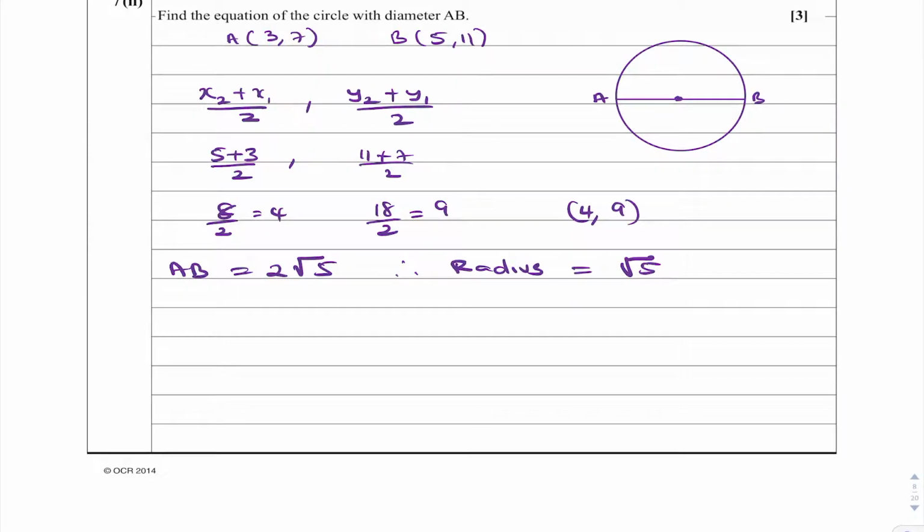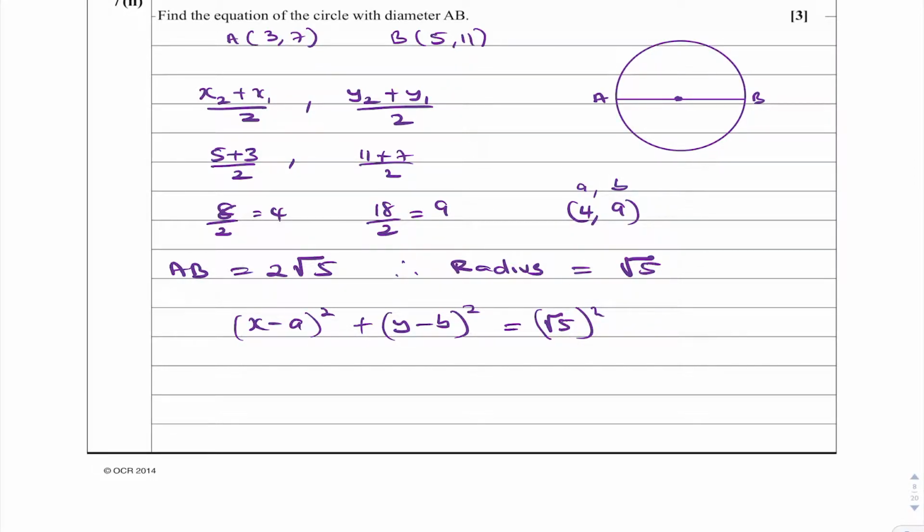Now, the equation of the circle says that x minus a squared plus y minus b squared equals root 5 squared. But a is 4 and b is 9.